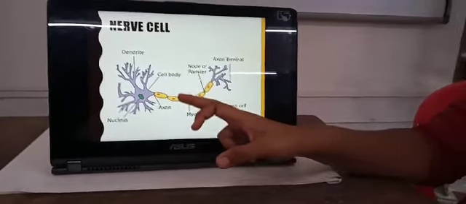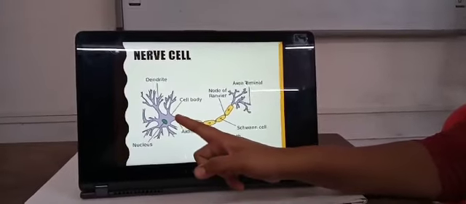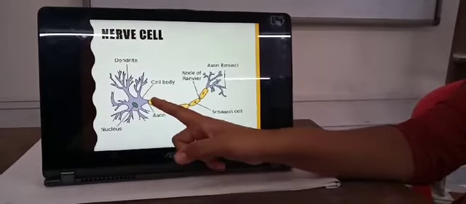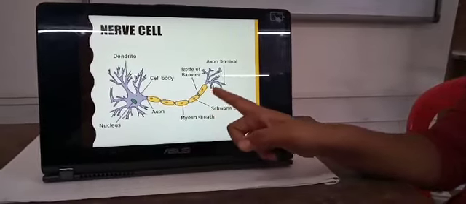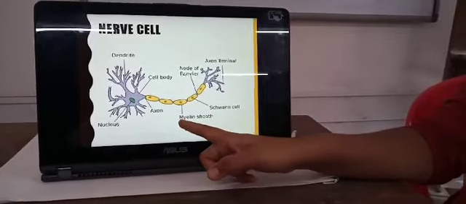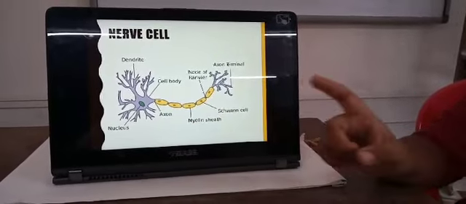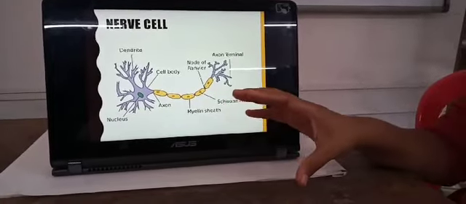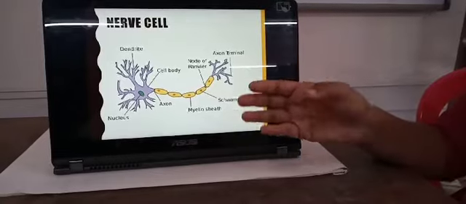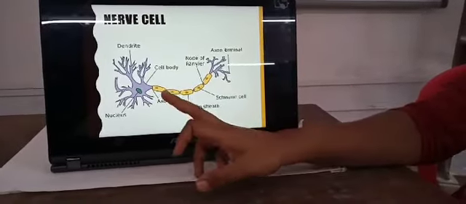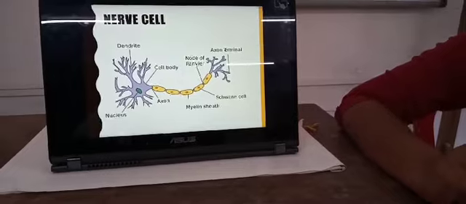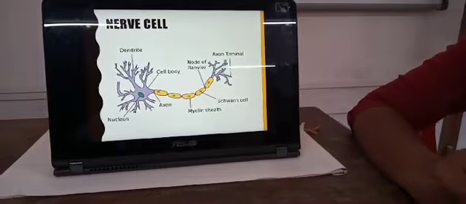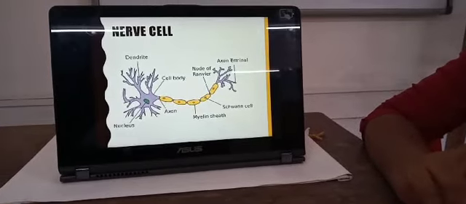The cell body at the junction is called the axon, and now the axon goes into a covering called the myelin sheath. The myelin sheath is like the jacket for the entire nerve cell. It is made up of many layers, and there are two kinds of nerve cell that you are going to learn. One is the myelinated nerve and the other one is the unmyelinated nerve.